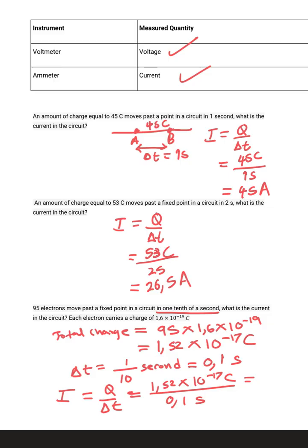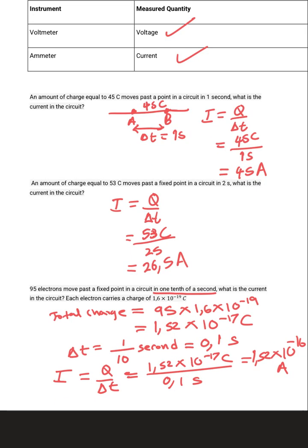When we punch this on a calculator, 1.52 times 10 to the negative 17 divided by 0.1, we get an electrical current of 1.52 times 10 to the negative 16 amperes.